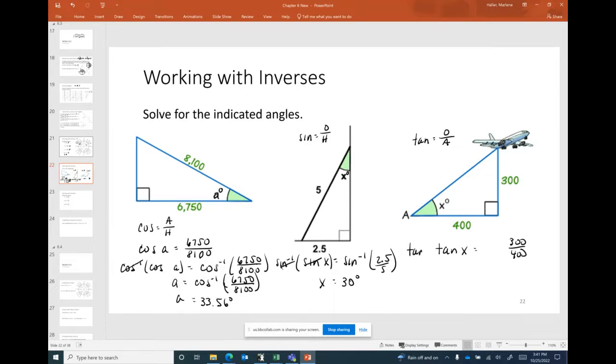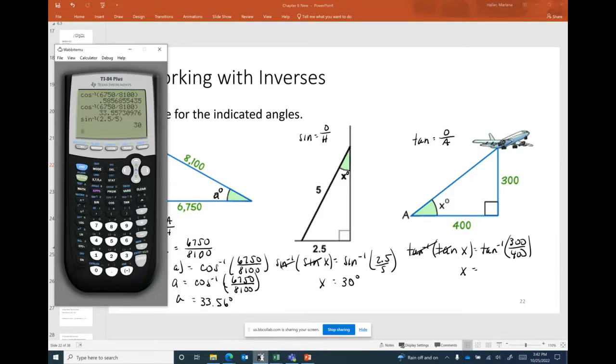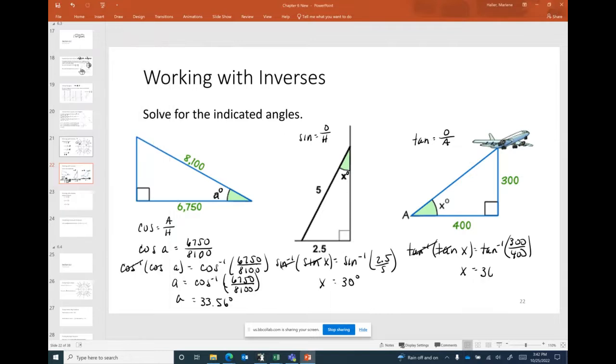If I take the inverse tangent of both sides, the inverse tangent undoes the tangent, and I see that x is equal to inverse tangent, second tan key, of 300 over 400, or 3/4, or 0.75, all the same thing, which is 36.87 degrees.